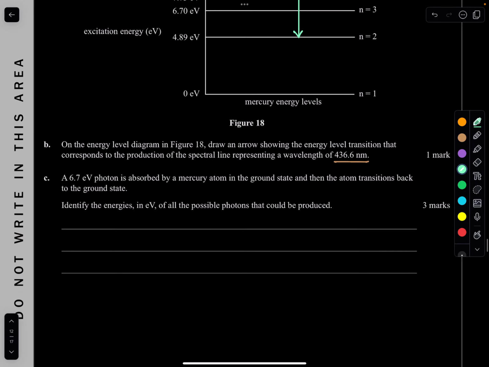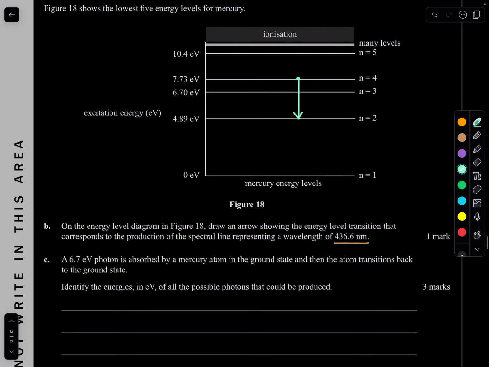A 6.7 electronvolt photon is absorbed by the mercury atom in the ground state, and then the atom transitions back to the ground state. Identify the energies in electronvolts of all the possible photons that could be produced. So a 6.7 electronvolt photon is absorbed by the mercury atom at the ground state, which takes it up to here, 6.7. Then it transitions back to the ground state.